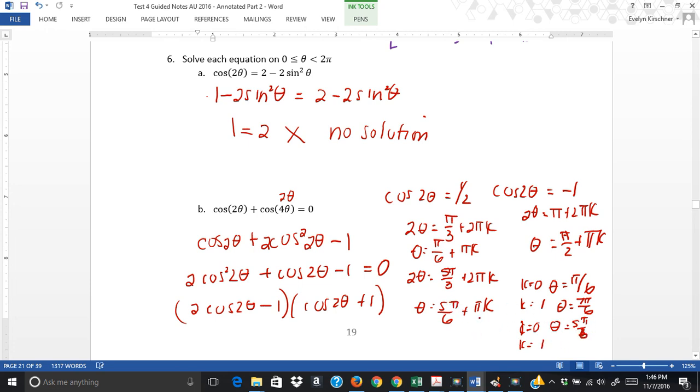And if k is 1, it is 11 pi over 6. So I have all the pi over 6 covered. And now the last one, if k is 0, theta is pi over 2. And if k is 1, theta is 3 pi over 2.